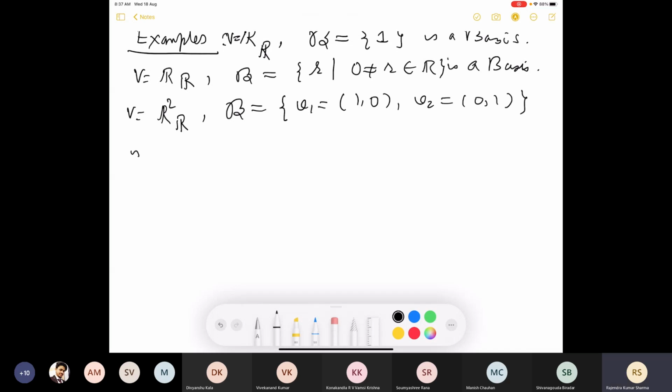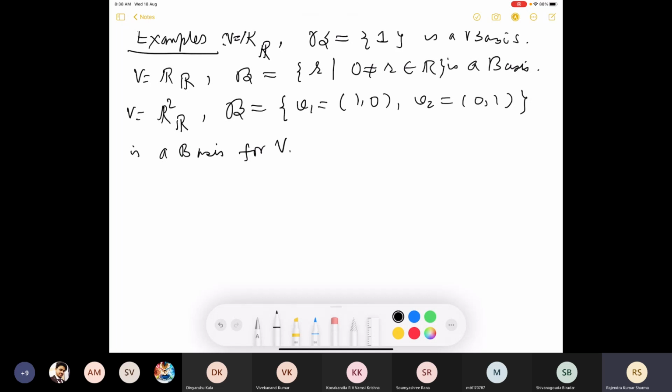Then this is also a basis for V, which is R2 over F, where F is R here. Since this consists of finitely many vectors, namely two vectors V1 and V2, and every vector is a linear combination of these two vectors, and these are linearly independent also, this is a basis.